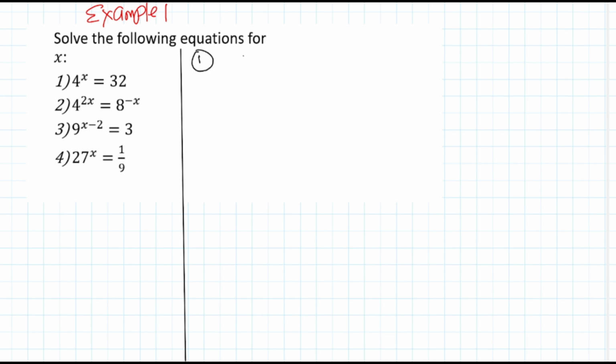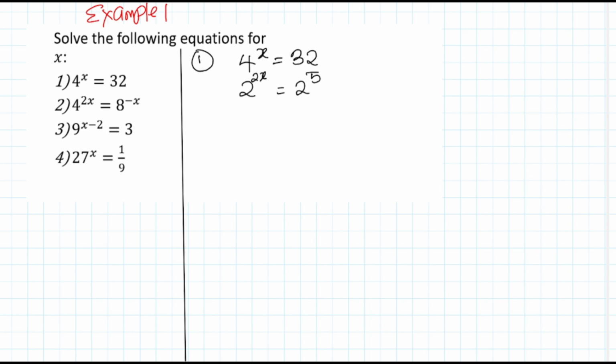Number 1, we have 4^x = 32. First thing we are going to do is to change both of them to the same base. 32 cannot be expressed as base 4, but we can express both 4 and 32 to base 2. So 4 to base 2 will be 2^(2x) because of the x there. 32 to base 2 will be 2^5.